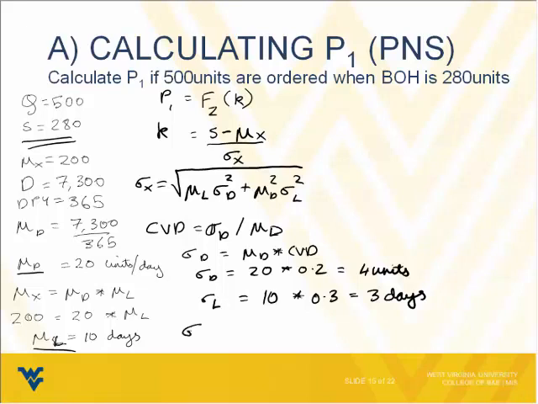So your sigma x is equal to the square root of 10 times 4 squared plus 20 squared times 3 squared, which is equal to 61.319.